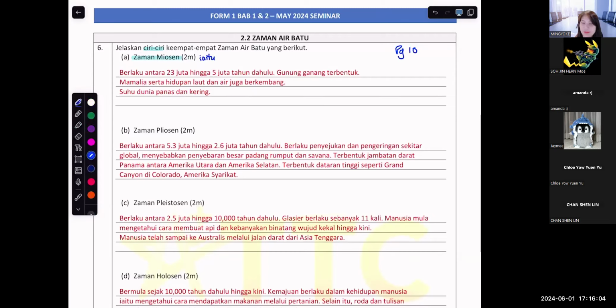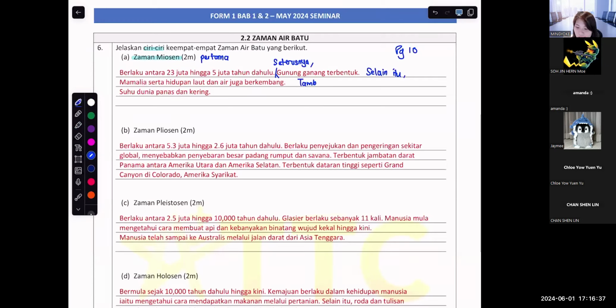Yaitu, or you can write ciri-ciri zaman Miocene. Pertama, berlaku antara full stop. Then you need to write. Seterusnya, gunung ganang terbentuk. Then you need to write selain itu, mamalia dan hidupan laut juga berkembang.